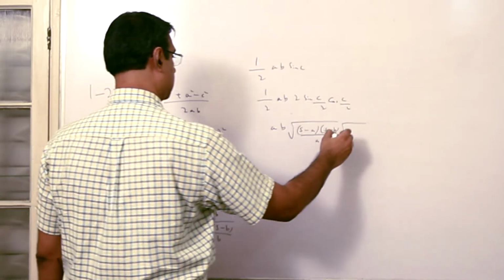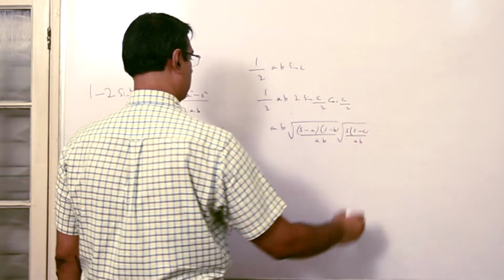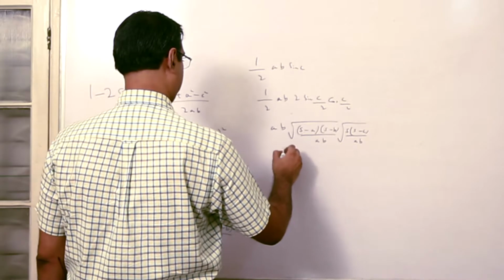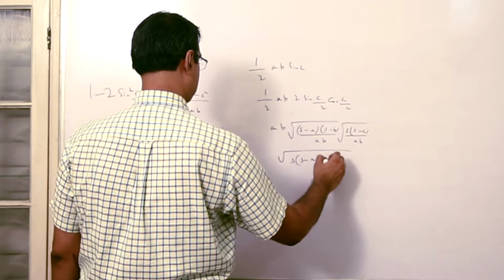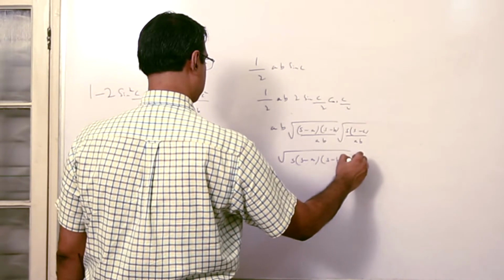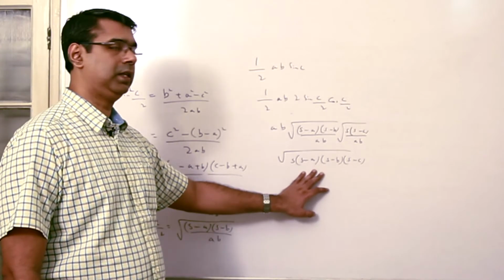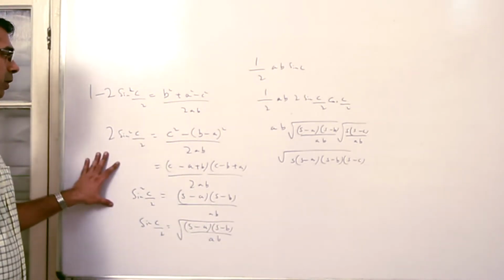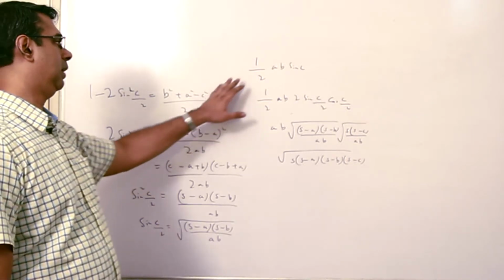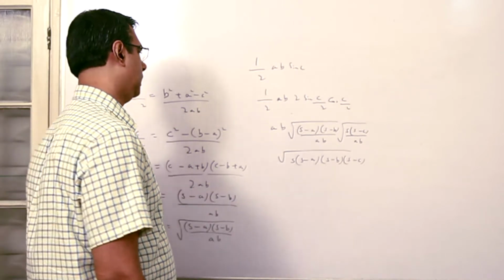Sine C by 2, this is the formula, and cos C by 2, this is the formula. So you can hardly call this a new formula. You may remember this is the very well known Heron's formula. So today you have seen, using properties of triangles, how we have been able to derive the very well known formula known as Heron's formula.